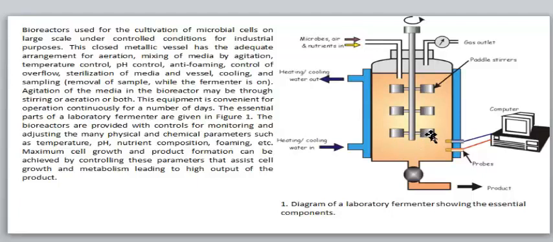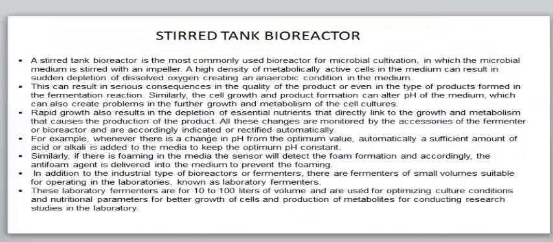This is of different kinds. Sometimes it is oval, sometimes round, sometimes cubical, spherical, like that. The stirrer's role is to mix up the biomass so that the aeration and agitation will be carried out.